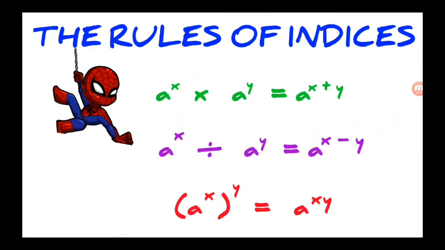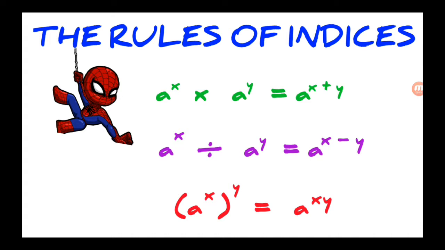Okay then, so these are the 3 main rules. Everything else we do with indices comes from these. So, when you set a number to a power, the number on the bottom is called the base. To combine indices, the base of terms must be the same. So, for example, this top rule, the base is a, so we have a to the power x times a to the power y. Now we can combine those because they have the same base, which is a.